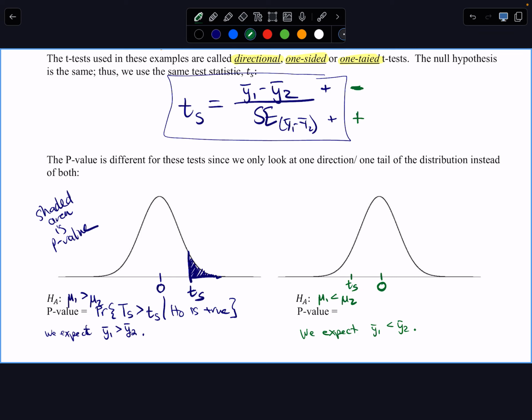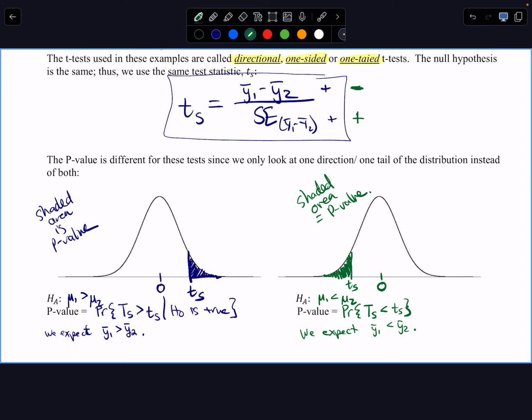And since my p-value is always the probability of whatever possible test statistics we may get that are smaller than the one that we obtain in our sample, this area under the curve is my p-value. So when you have a greater than inequality, you're going to shade to the right of your test statistic to get your p-value. When you have a less than inequality, you're going to shade to the left. That's all you want to remember here.